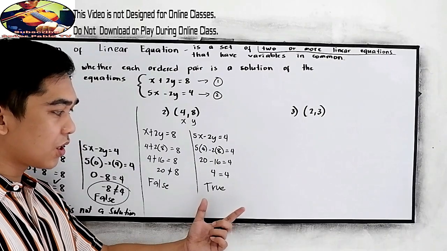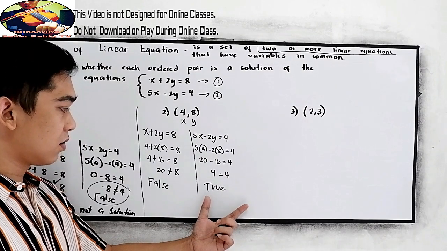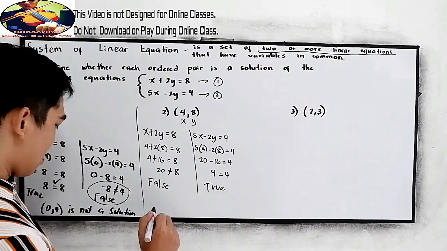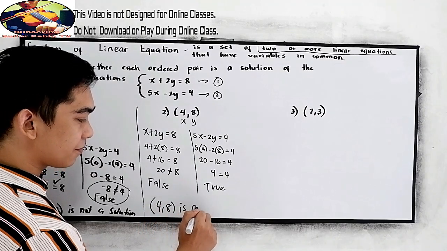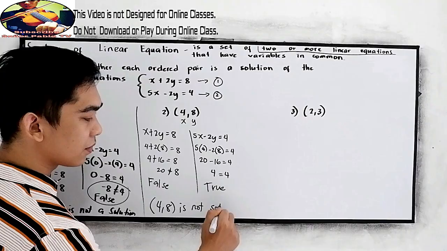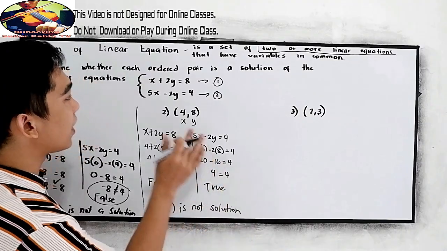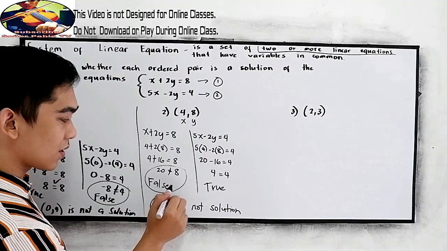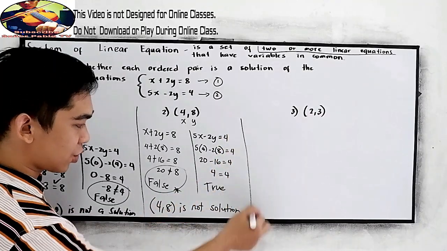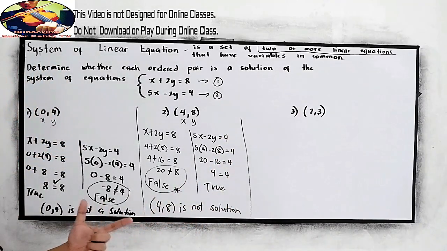Although the other equation gives us a true answer, it's still that (4, 8) is not a solution of the given system of equations. Why? Because this gives us a false while testing our equation, just like in our example number 1.